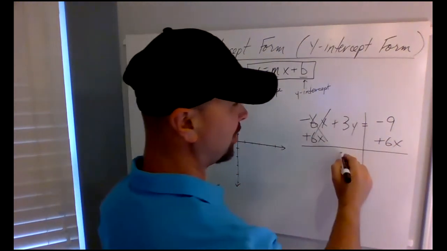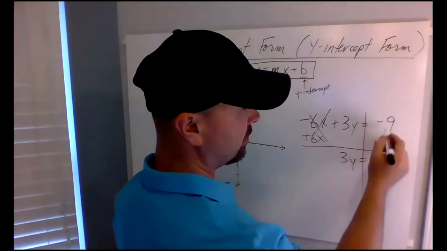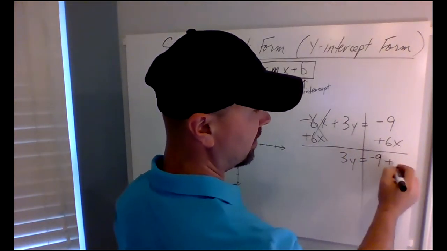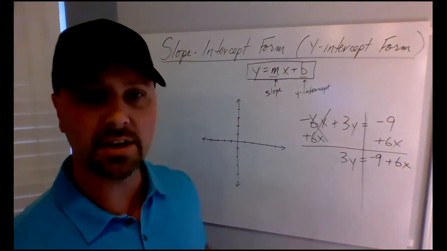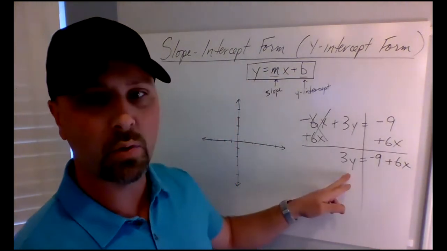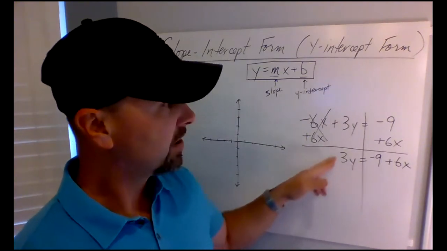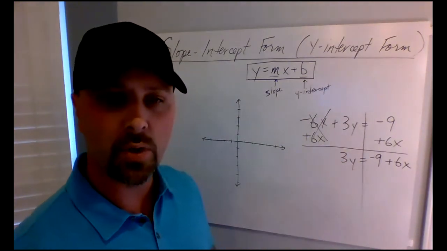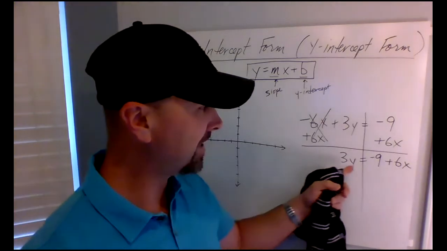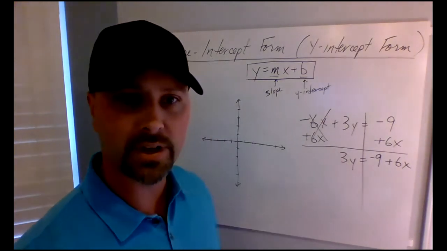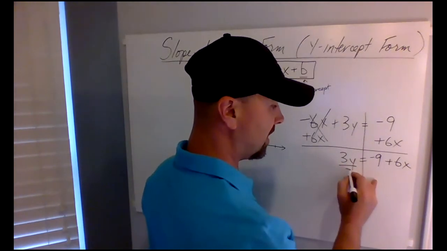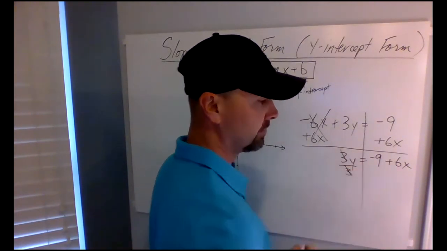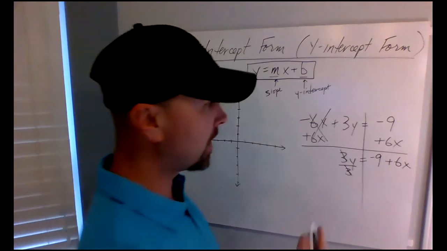So now we have 3y is equal to negative 9 plus 6x. So here's the extra step, because we don't have y isolated. We have to separate the 3 and the y, okay? And so we need to undo this multiplication. We do that with division. So divide by 3 is how we bring that down to just y.